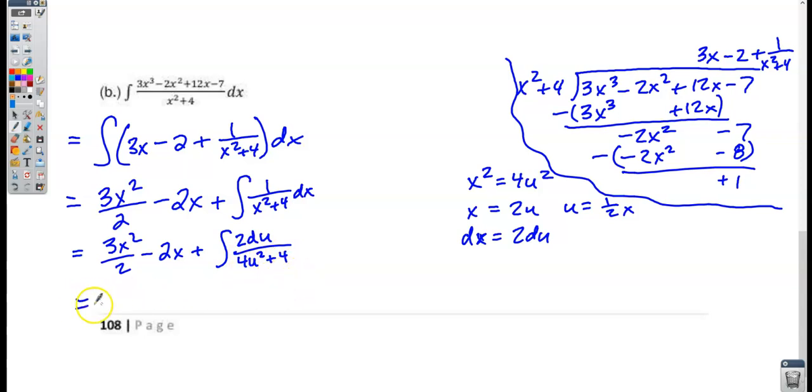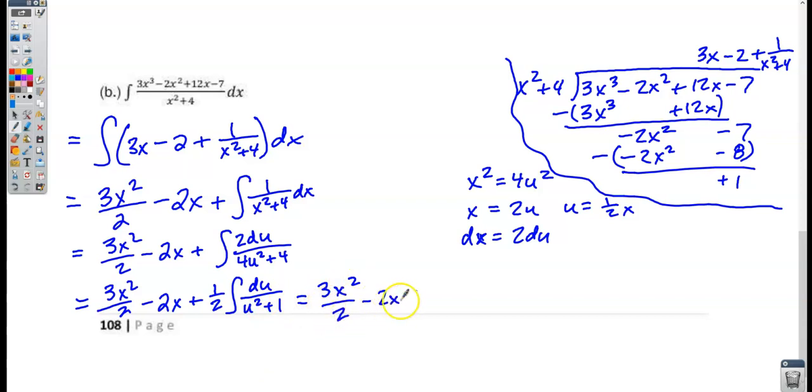And now I can factor a 2 over 4 out of that fraction, and it turns into that. And then the antiderivative of that is going to be the arctangent of u. And now bringing u back.